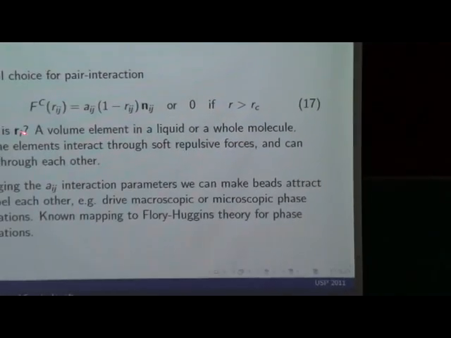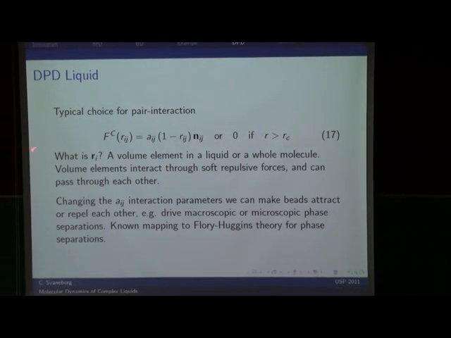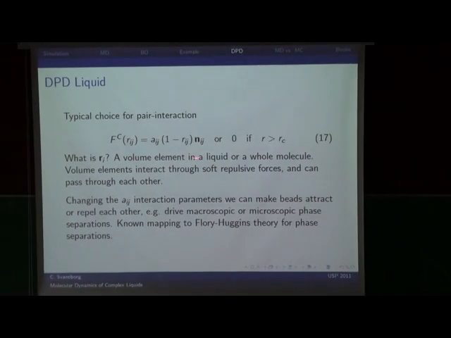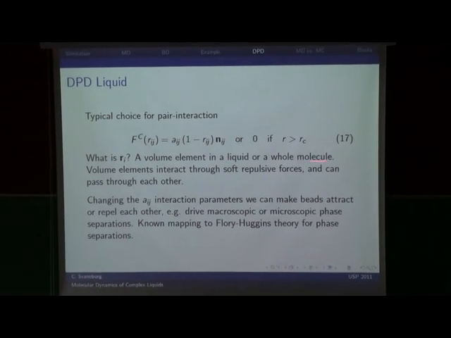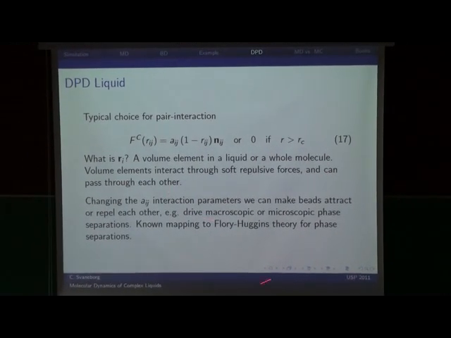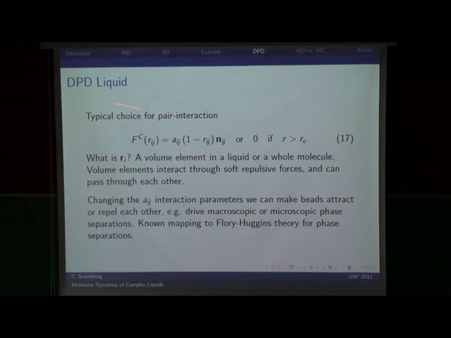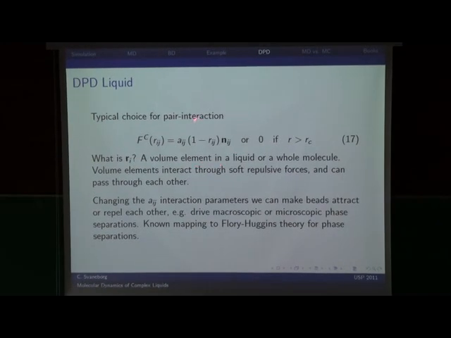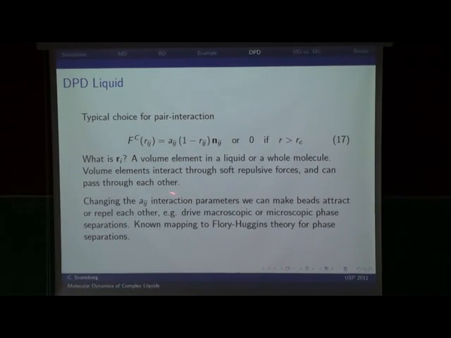And just to return, what do we mean by ri? This represents a whole volume element in a liquid, or it could represent a whole molecule if we have lipids inside the liquid. And these volume elements interact through soft repulsive forces that we represent with this very simple potential. And this also means that volume elements can pass through each other.